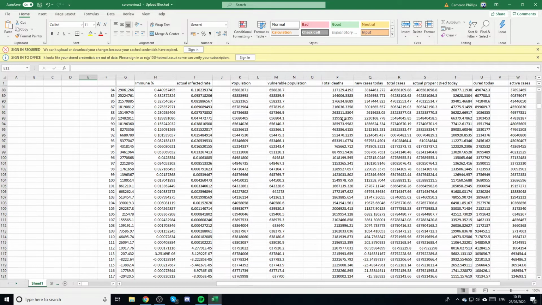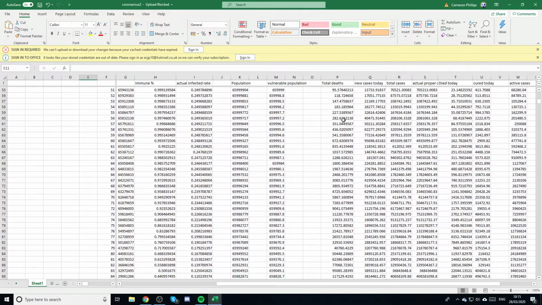So if we look at total deaths, 750 odd here, it actually tells us that the total cases were nearer 612,000. According to this model, about 400, no, maybe 500,000 people have got it.